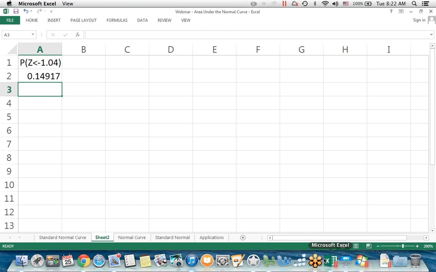Now let's try it again. The next problem, number 2, asked us to find the probability of z being less than 1.19.